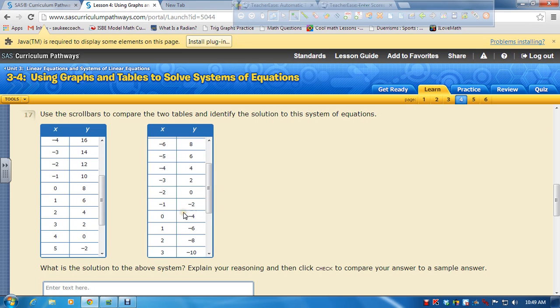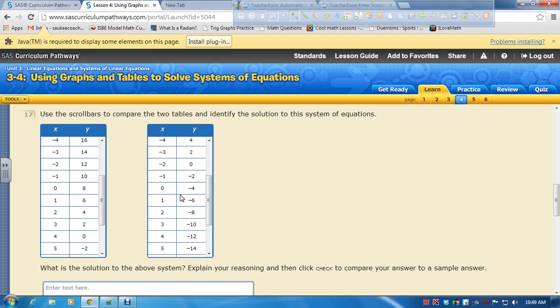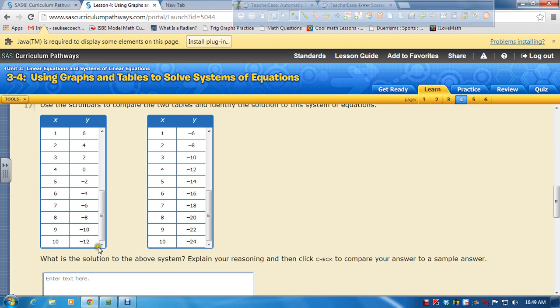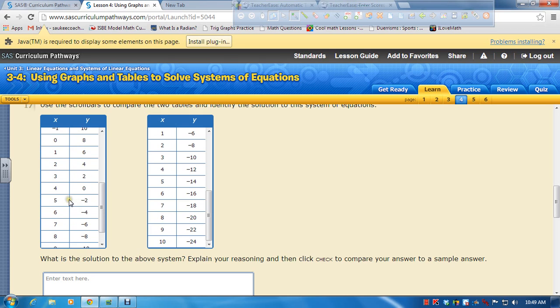As we scroll down, what are we looking for? We're looking for a matching pair, right? So as we do that, we can kind of match up. 9, the 8s don't match, the 7s don't match, 6s, 5s. Nothing seems to match there from 1 through 10.